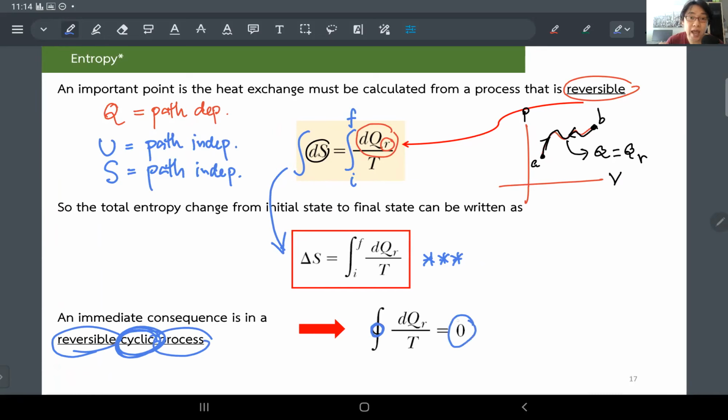The change in the entropy of any complete cycle will get you back to the original entropy, with no entropy change. So delta S is zero. The conclusion is that S is path independent, so you can utilize S just like you utilize energy.